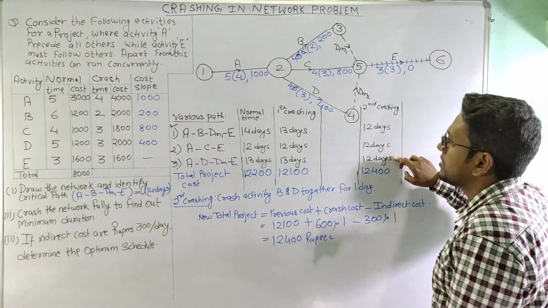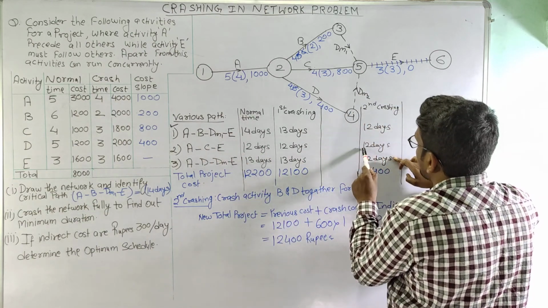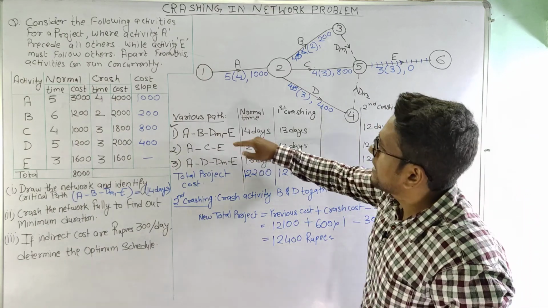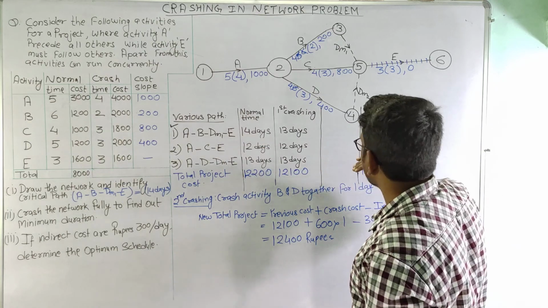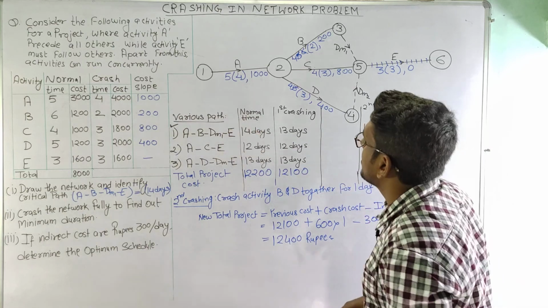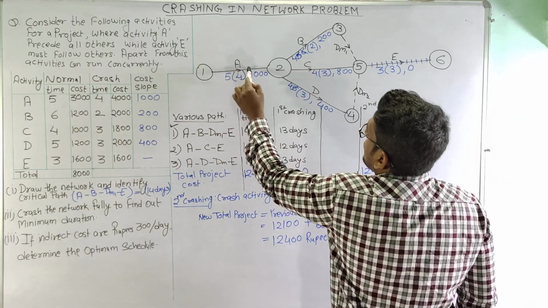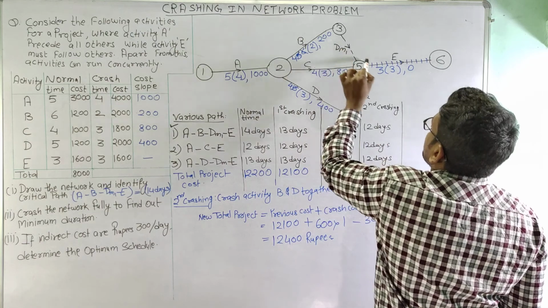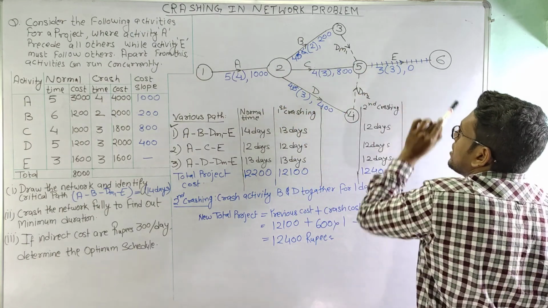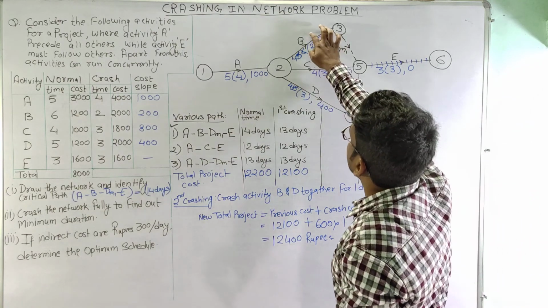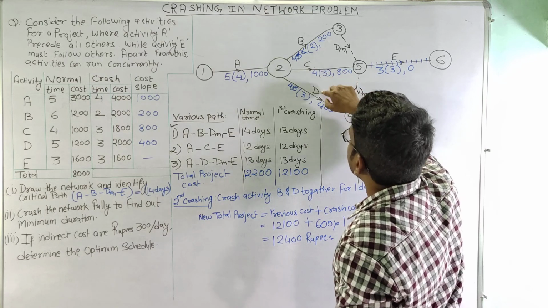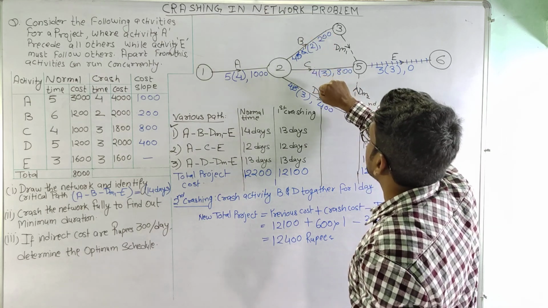Now as we can see here that all the three paths are having the same value. That means we need to select the activities to crash from each of these paths. So if we crash activity A, then path A, B, E will be crashed, A, C, E will be crashed, A, D, E will be crashed. If we crash activity B here, then activity B, activity C and activity D together we need to crash.